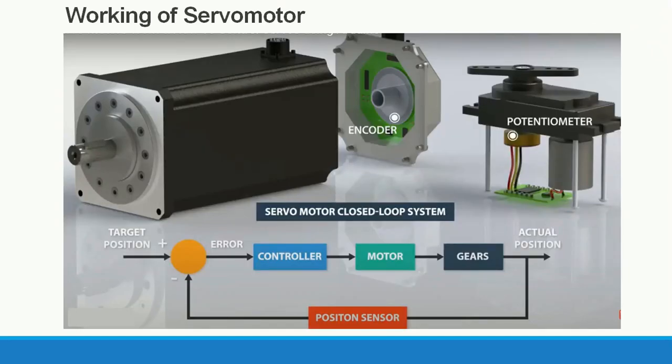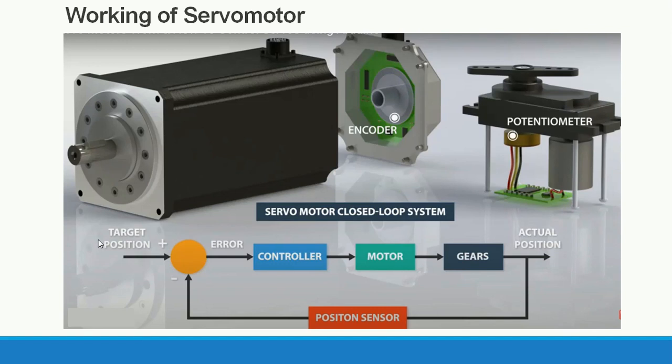So this is the general figure that we used in the previous video also. It shows the working of a servo motor. Whenever I say servo motor, it means a motor, either AC or DC, connected with a servo mechanism like an encoder or potentiometer, which is used as a position sensor, or you can also call it a feedback sensor, because it generates a feedback signal and gives it to the error detector, which compares that feedback signal with the target position of the shaft.